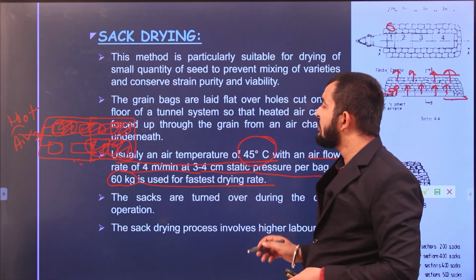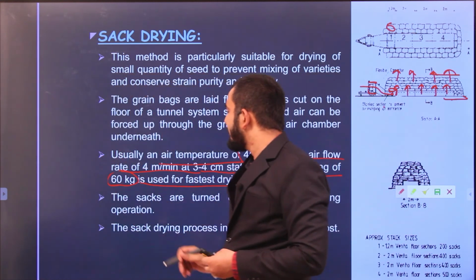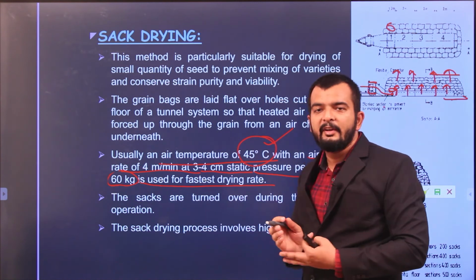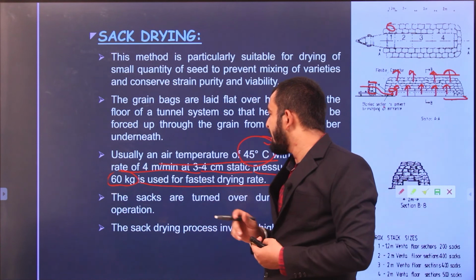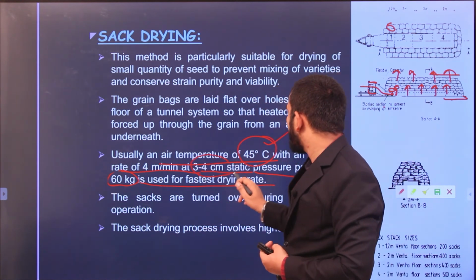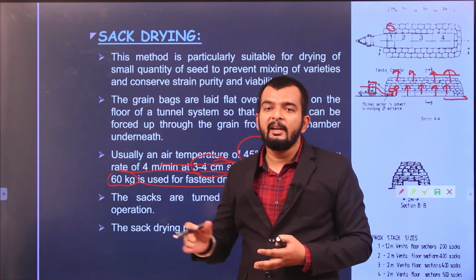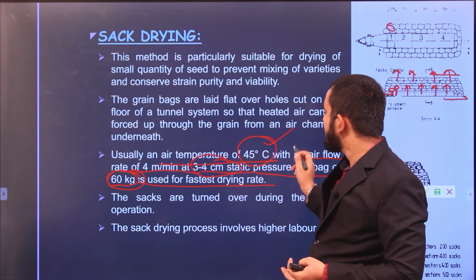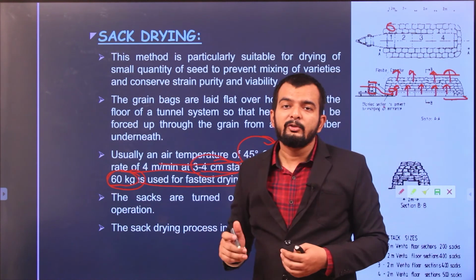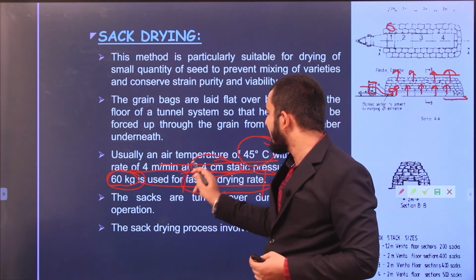So these are the conditions of the hot air being supplied here: 45 degrees Celsius, at an airflow rate of 4 meters per minute at 3 to 4 centimeters of static pressure, and each sack ideally should be 60 kgs. This will lead to a very fast and more effective drying of the grains.